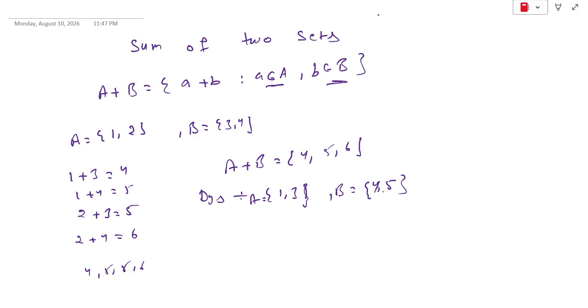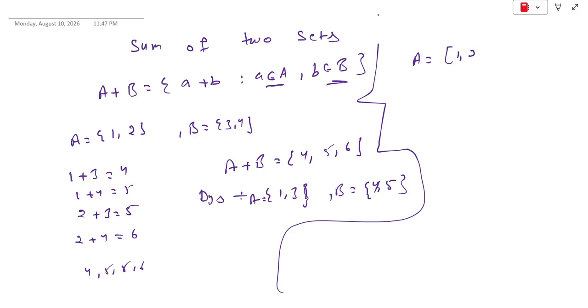So this is a simple thing. But I change something, now with intervals. I take A = [1, 2] and B = [2, 3]. Same concept I repeat. 1 plus 2 is 3. 1 plus 3 is 4. 2 plus 2 is 4. 2 plus 3 is 5.